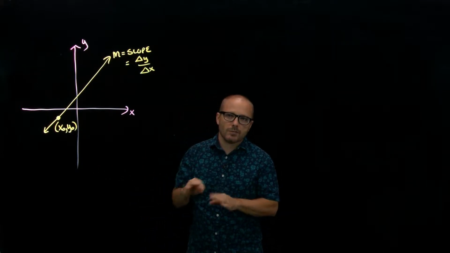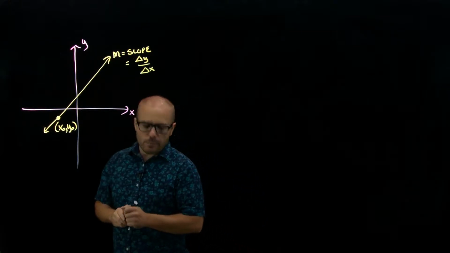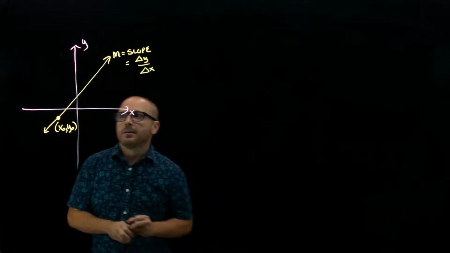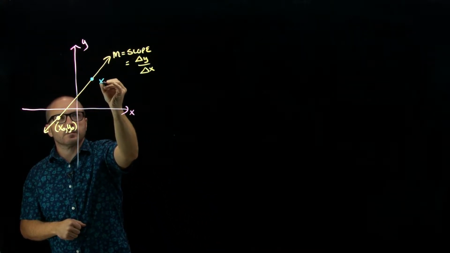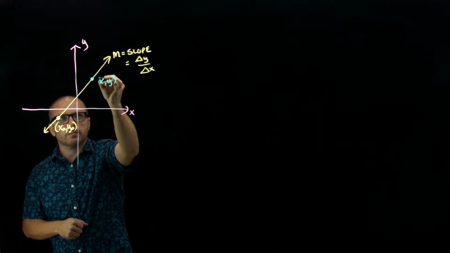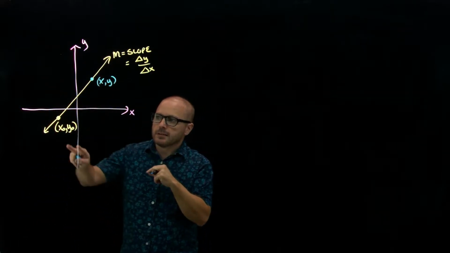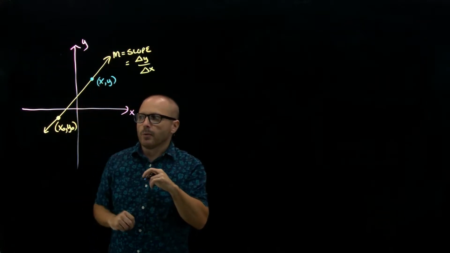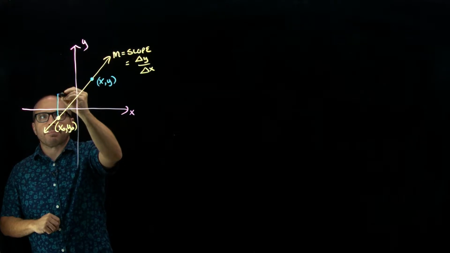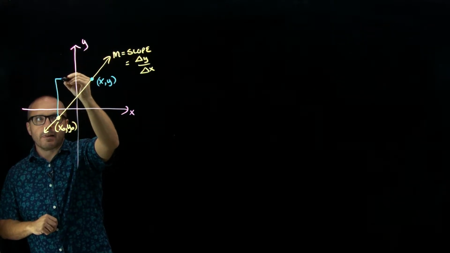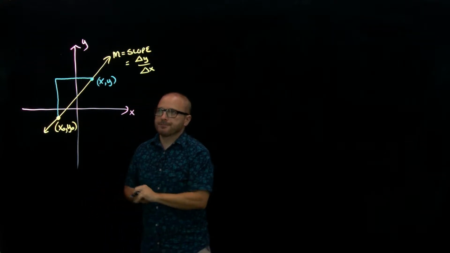So let's think about this. What would be true of any other point on that line? So any arbitrary point I can draw, call it x, y. To get from the point that I know to any other point, there would be some amount of up and down and some amount of left and right.